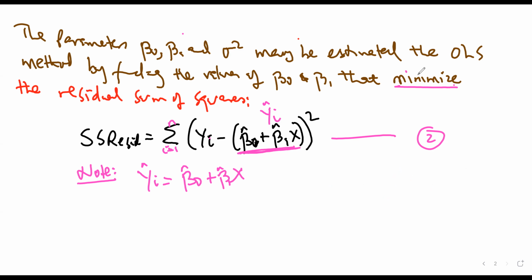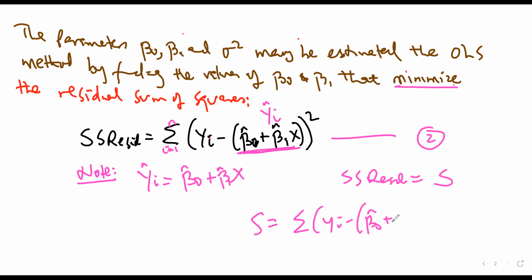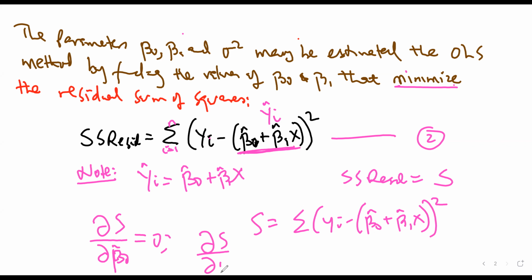If I replace SS resid with the letter S for simplicity, S is equal to the summation of yi minus beta naught plus beta 1 x. So I'll be trying to find the partial derivative of S with respect to beta naught, then you equate that to 0. Then you also do the partial derivative of S with respect to beta 1, and you equate that to 0.